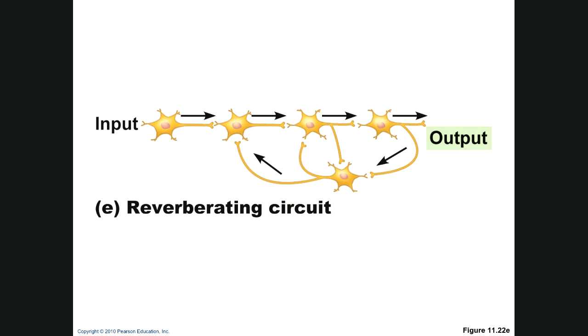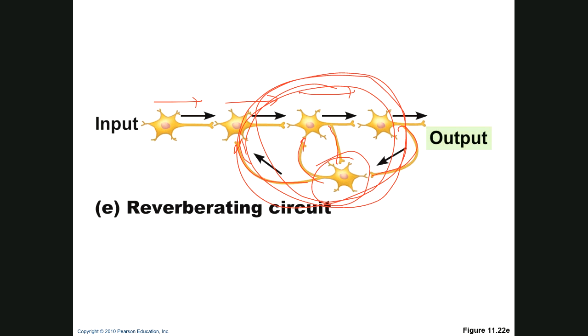So we have the input going from one neuron to the next, but some of the neurons have branches that stimulate a third neuron, which in turn stimulates the previous neurons, and this pathway keeps going. Okay, so a reverberating circuit is sometimes used to maintain reflexes, for example.